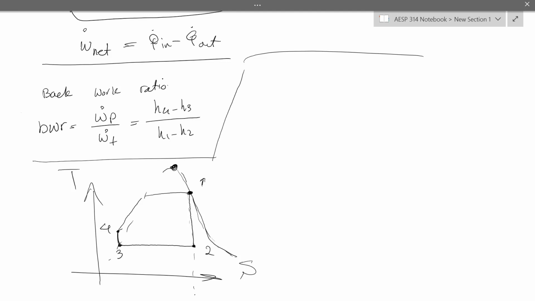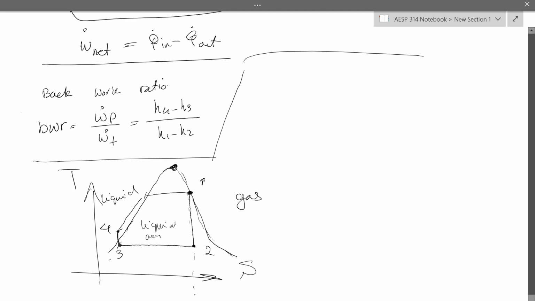On this side, we have liquid here and gas here, and a liquid vapor mixture here. So when we say vapor quality is 1, all of your system is saturated vapor.